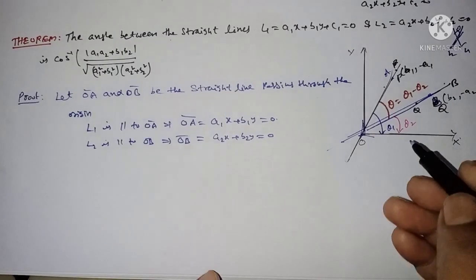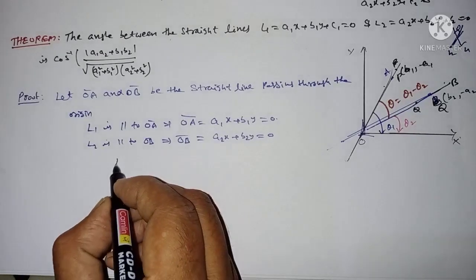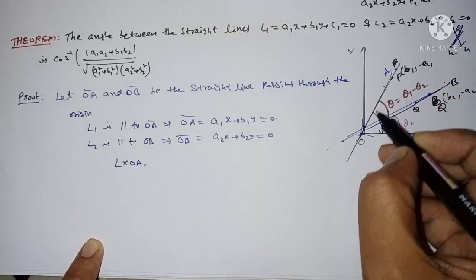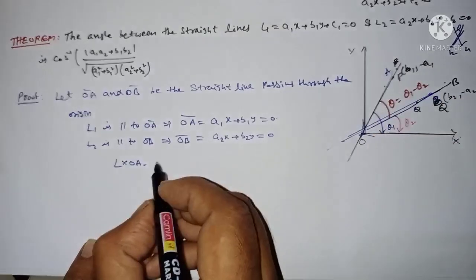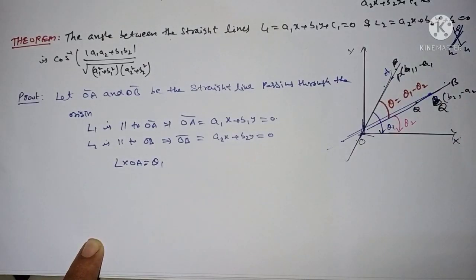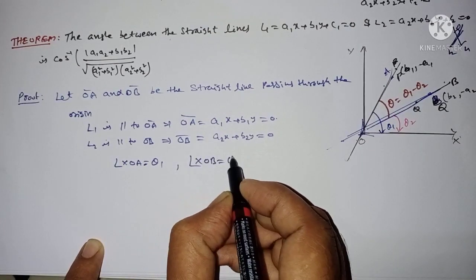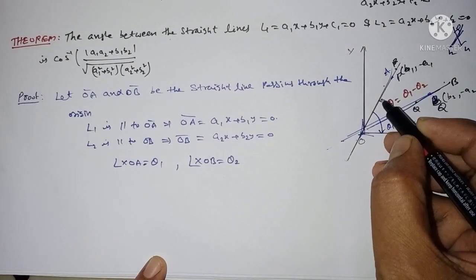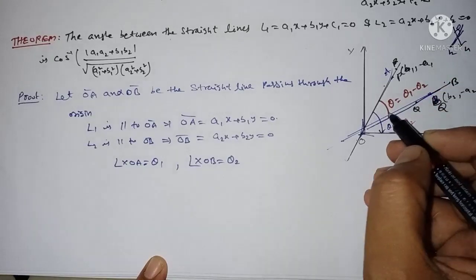Okay, what the angle is, I can write here angle XOA. In the figure, you can observe here XOA is theta 1. Clear? And angle XOB is also theta 2. But again, what do you want here? You want theta, because the angle between the two lines is theta only.